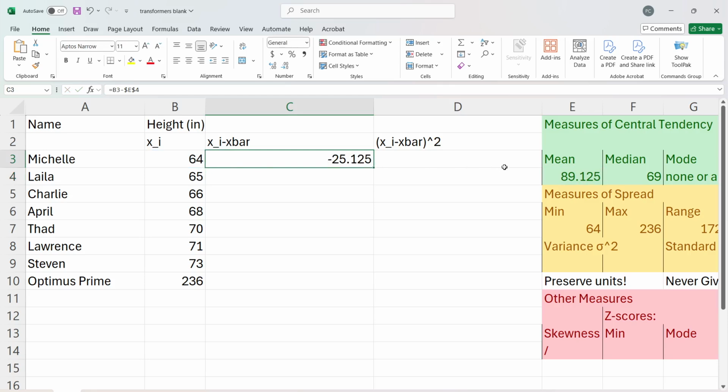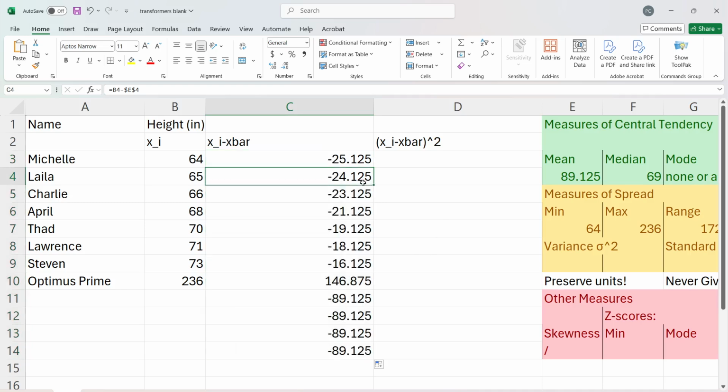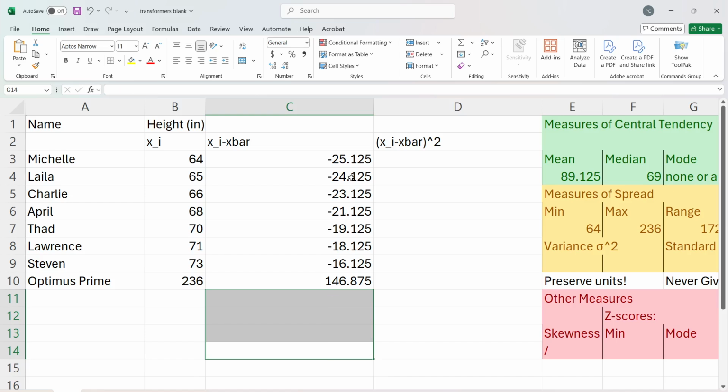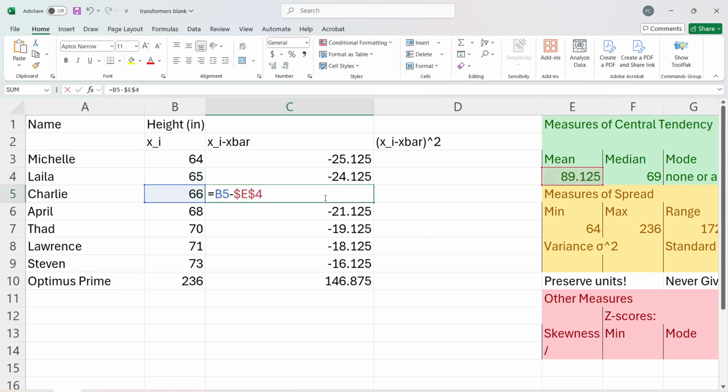And sure enough, 64 minus 89.125 should be something like negative 25.125. I'm going to double click on this, and then I'm going to verify that it worked properly. Now it wanted to go all the way down, which is fine, but not necessary. What did it give me here? It gave me B4 minus E4. Yep, that's correct. That's xi, that's x bar. Here again, B5 minus E4.